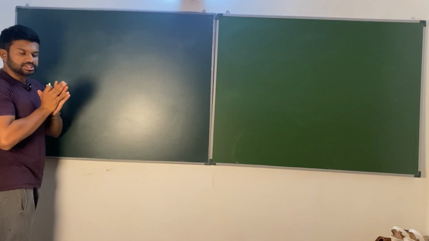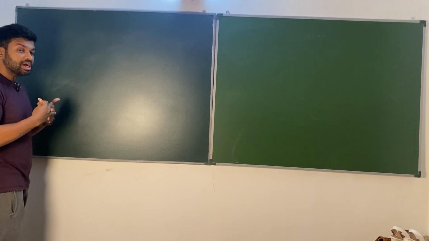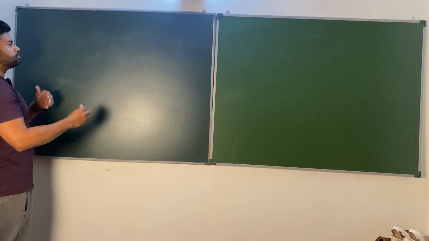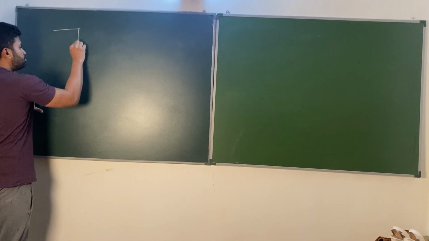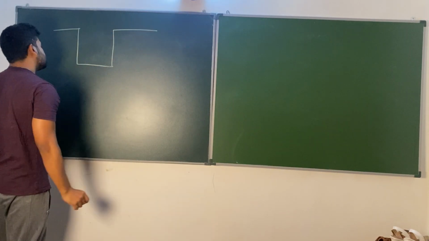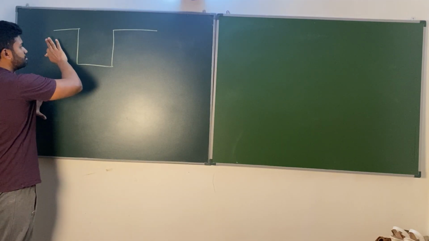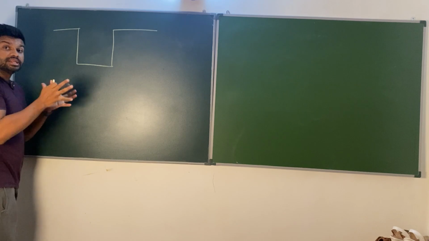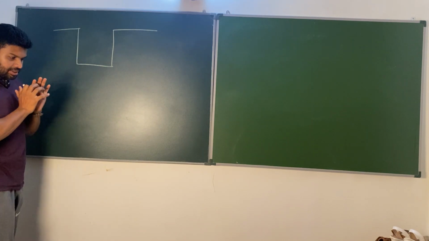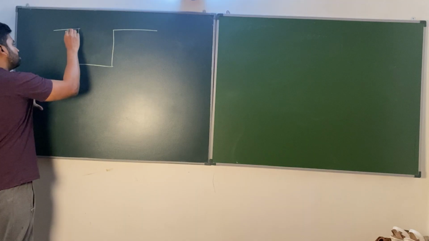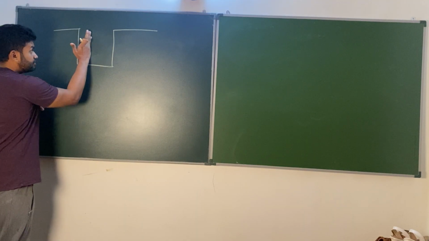This is an imaginary situation, guys. It's impossible to find a particle or a region where the potential is infinitely large. But for an instant, we are going to take that potential inside of this.